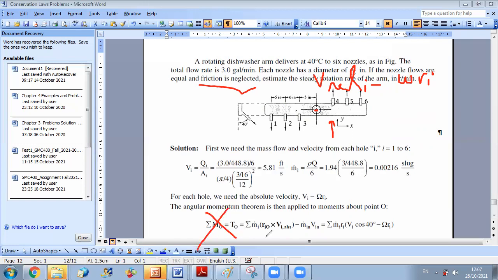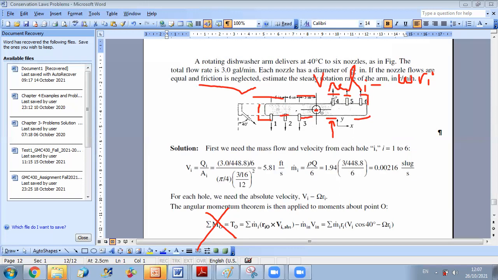And this should be equal to the rate of angular momentum fluxes crossing the control surface of my system. The control surface encloses the rotating arm and crosses the outlets. So I just have to consider fluxes.